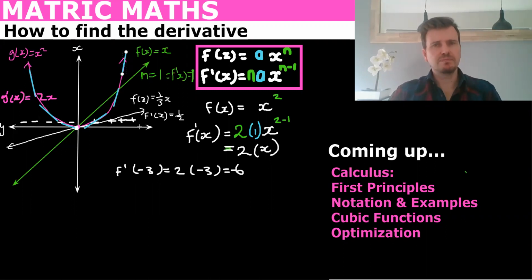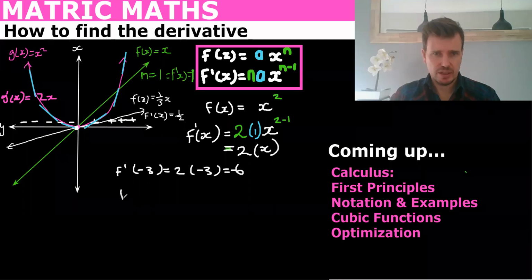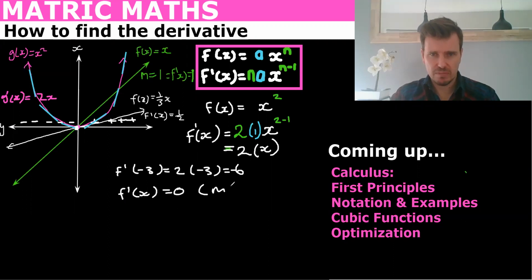And so our equation for our derivative basically can tell you the slope at any point. So what I do is I just take the x value at that point, I put it into the derivative, and I know the slope at that point. And when our derivative is equal to 0, so when we say f dash of x equals 0, this finds our min and max.